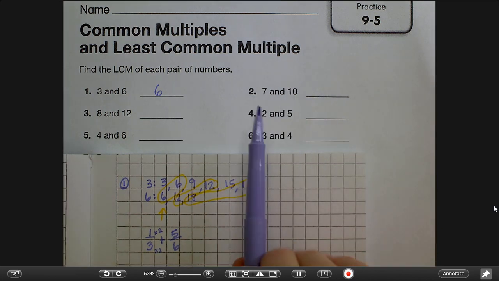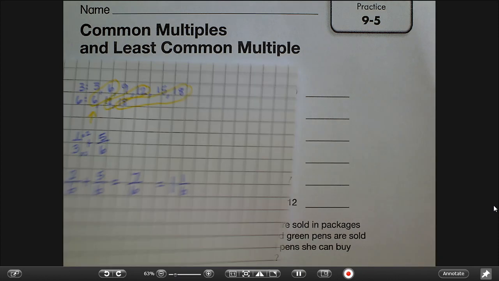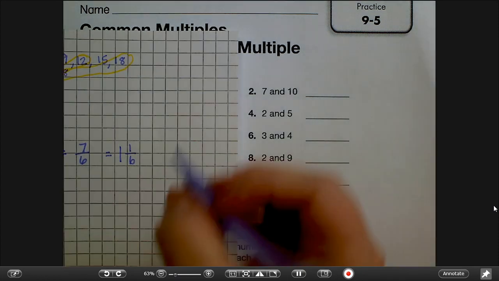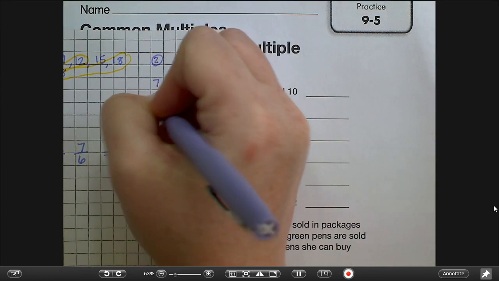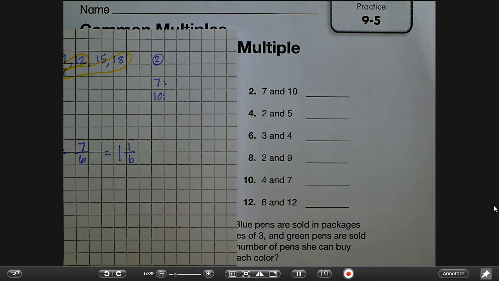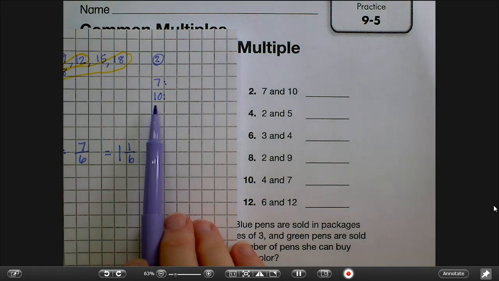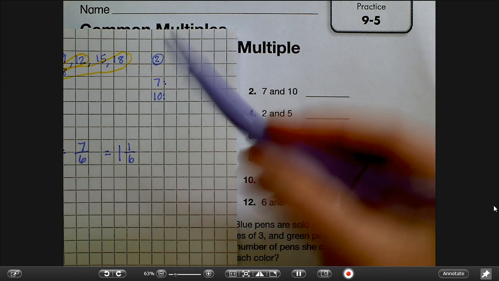Okay, so number 2 says 7 and 10. Well, when I'm looking at this, I can already tell that these numbers only have one possible choice for me to use, and that's going to be 70.